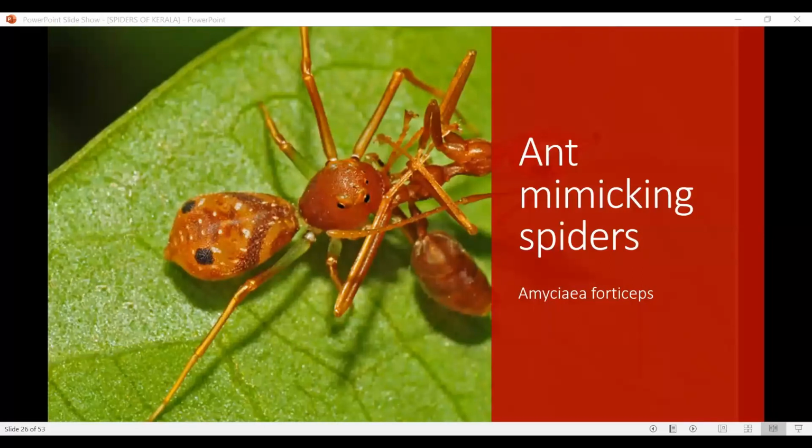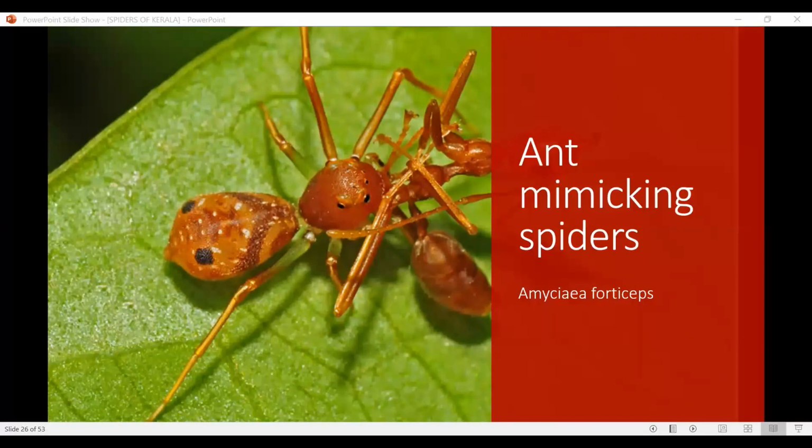That is the evolutionary reason why ant mimicry is so common. In Thomisidae, we can find ant mimicry. Salticidae, we can find ant mimicry. Corinnidae, we can find ant mimicry. So it is a common strategy used by spiders to escape from predators and also to feed on the ants.